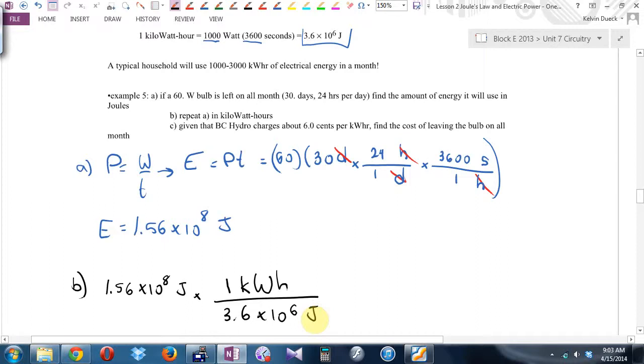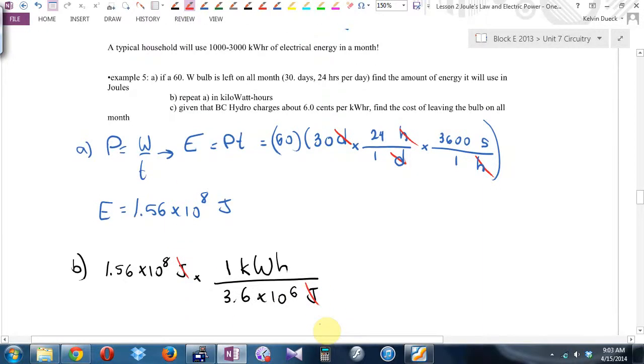There's my conversion factor. Joules cancels. Now, on your test and on your quiz, on your test for sure, I won't give you anything in kilowatt hours. I won't make you do the conversion. In your homework, because when you get your bills someday they will be in kilowatt hours, I will give you some questions on that, because you should know.